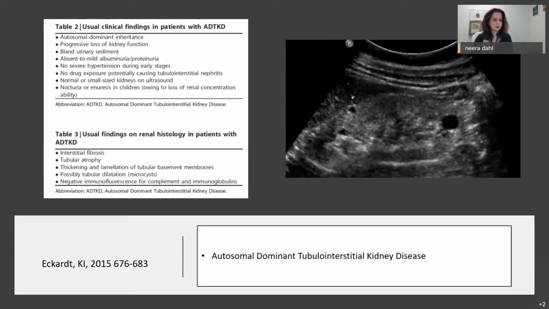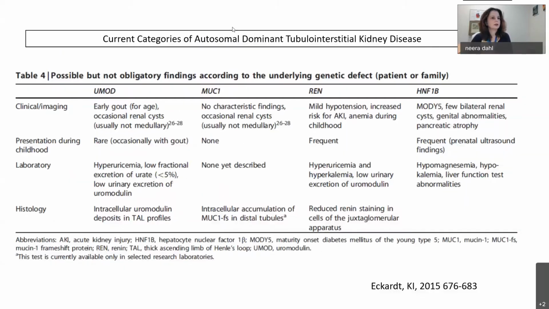So that is autosomal dominant tubulointerstitial kidney disease. There are 4 gene defects that can cause this particular kind of kidney disease. I think the most common one that we are seeing clinically is HNF1 beta, but there are different gene syndromes based on the mutation type.